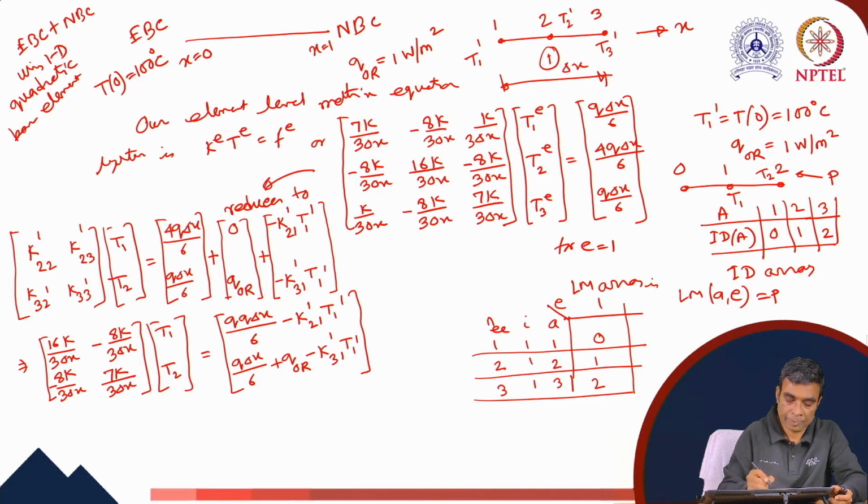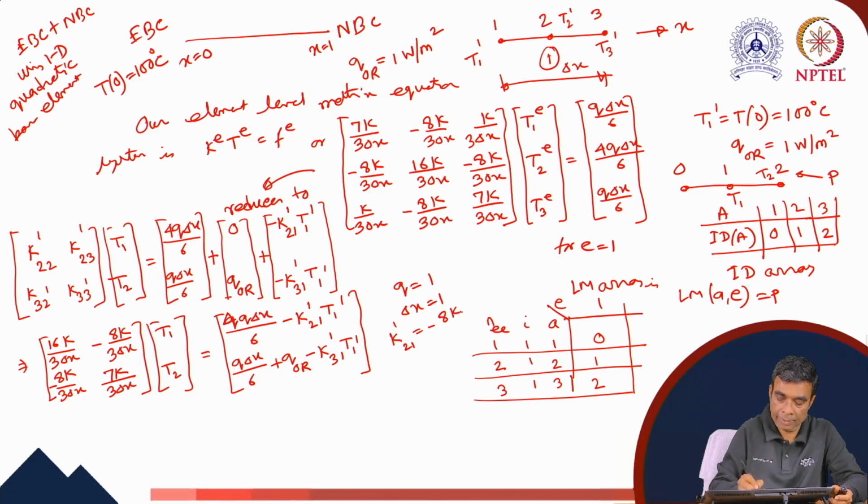From here, our Q is 1, delta x is 1, K_211 is minus 8K by 3 delta x, K_311 equals K by 3 delta x. Our K is 1.